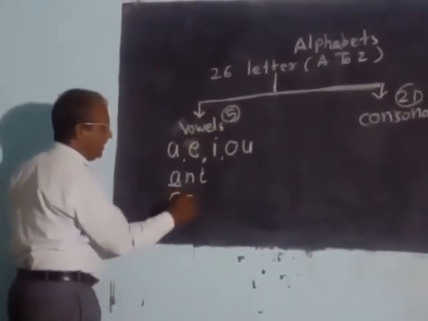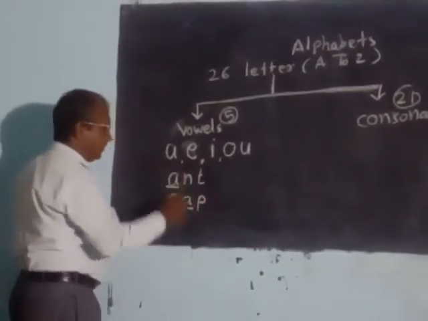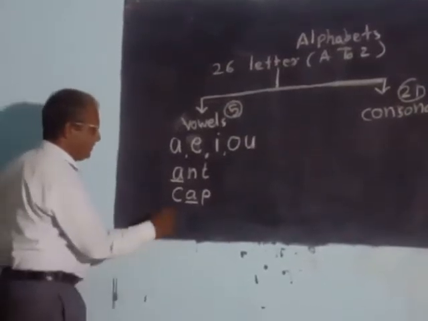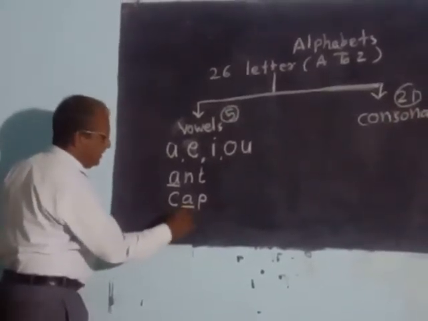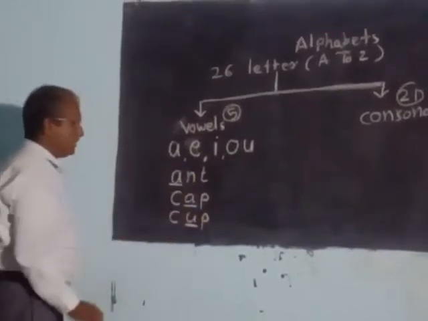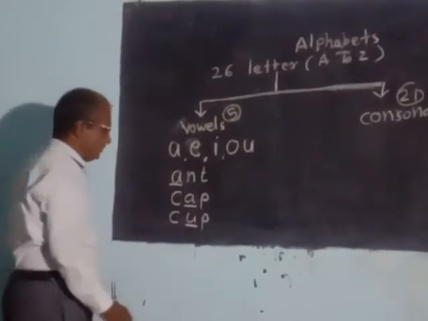C, A, P. In the word cat there is a vowel A. C, U, P. In the word cup there is a vowel U.